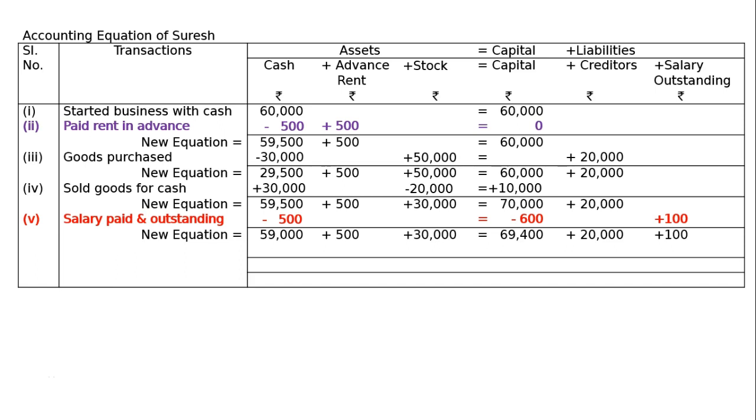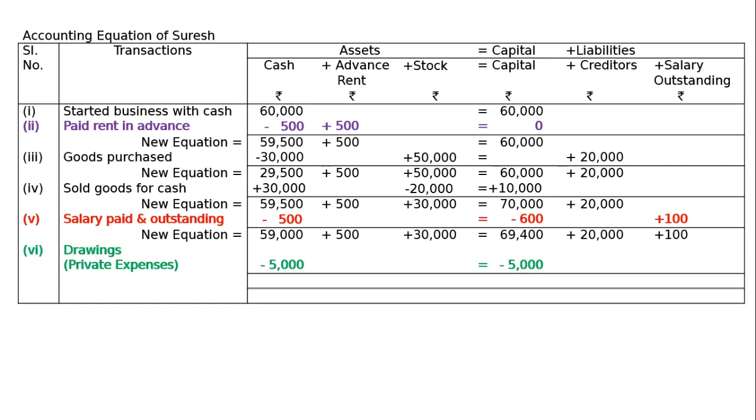Then sixth one, bought a motorcycle for personal use, private use. Bought a motorcycle, drawings. Drawings means private expenses. Minus from cash rupees 5,000, minus from capital 5,000. It is not for office use.